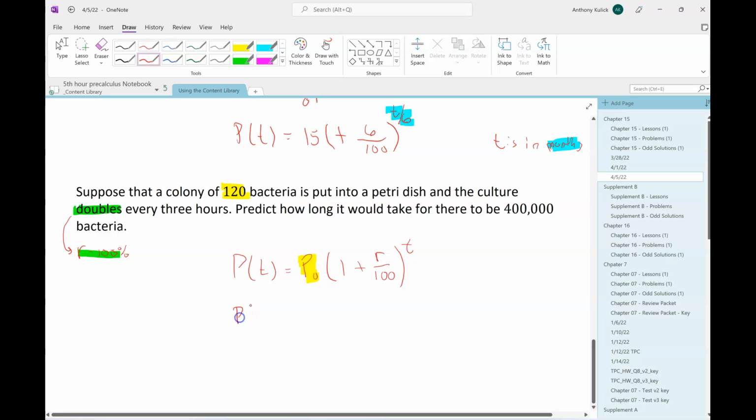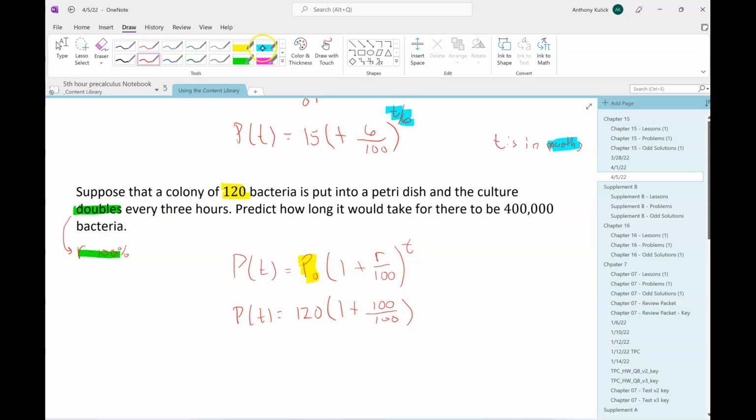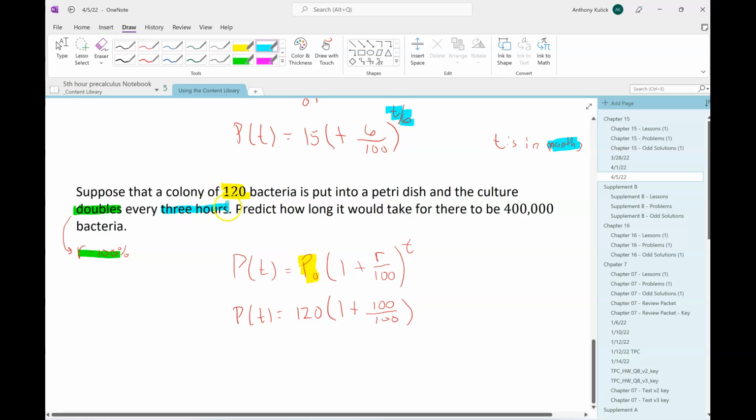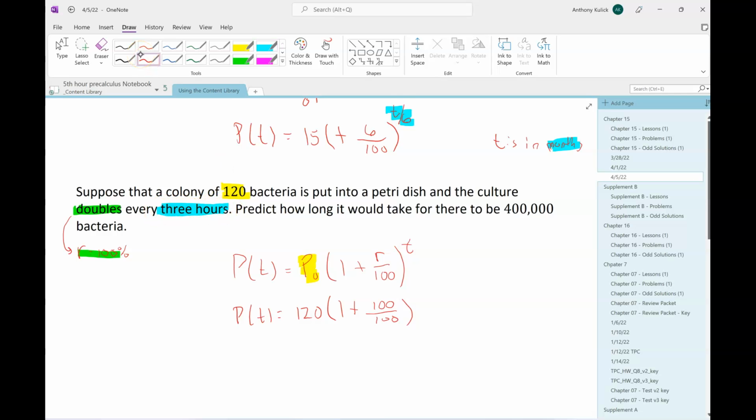Okay, so here's our model then, but we still need to do one other thing with our model. What else do we still need to worry about? The time, yeah. So how often is this doubling occurring? Every 3 hours.